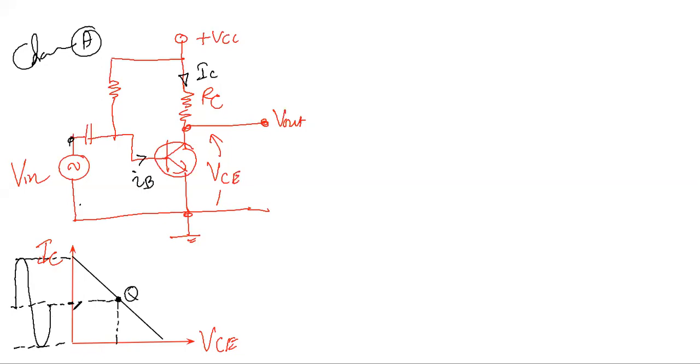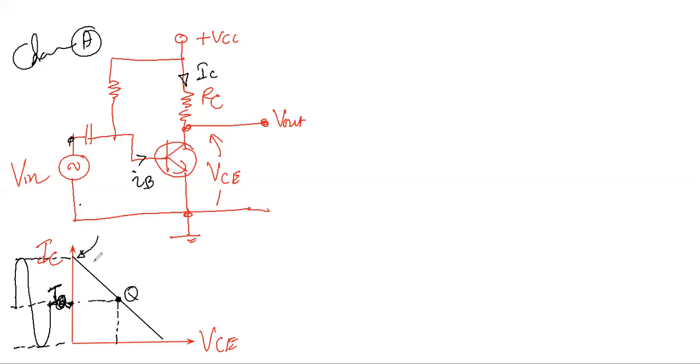You have fully utilized this graph. Assume your operating point is here, and the default current I will refer to as IQ. If you don't have any input signal, you still have some current flowing through the transistor. That current I will refer to as IQ.